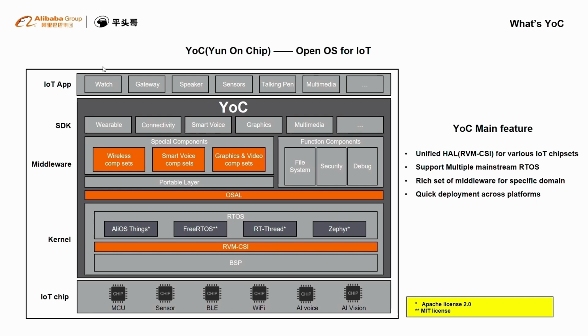It has a rich set of middleware from which we could create a domain-specific SDK easily and quickly. As of today, YoC has been well received by our customers, who have deployed it in very different application scenarios.